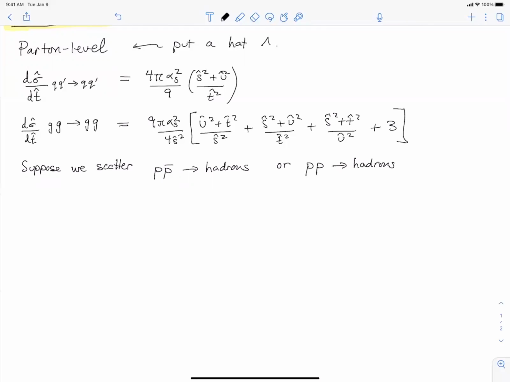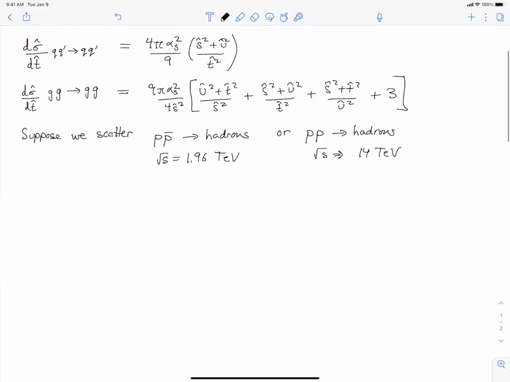Either way, these protons and hadrons contain gluons and quarks in them. This happened at the Tevatron at square root of s of 1.96 TeV, and at the Large Hadron Collider at up to 14 TeV. They haven't actually got quite up to 14 TeV yet, but that's the plan. And notice there are no hats on those square root of s's.